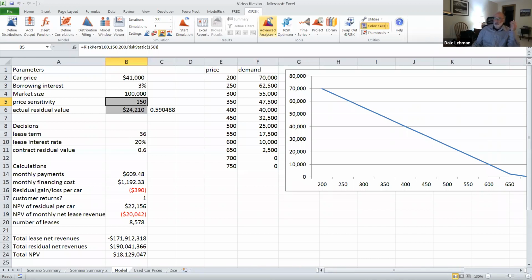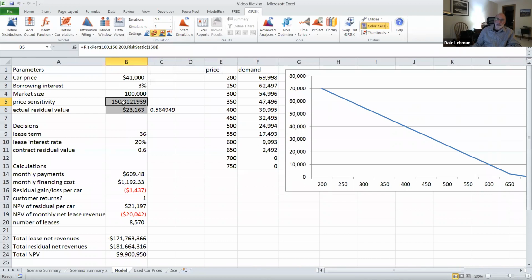And what @RISK does is it allows you to do what's called Monte Carlo simulation, which says, let's go into these distributions, those pictures that we just looked at, and let's go in and grab a random selection from that distribution. In fact, there's a little button here that will randomize this. The computer just went in and picked out price sensitivity of just about 150.